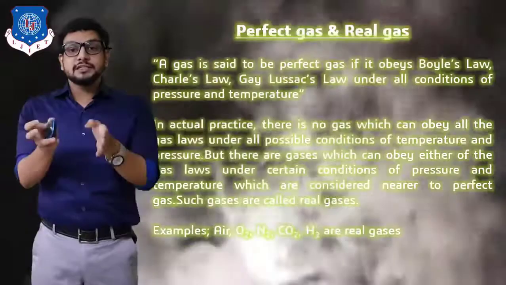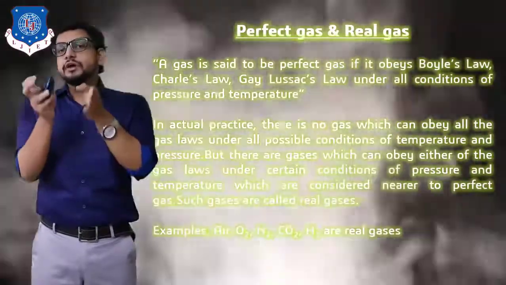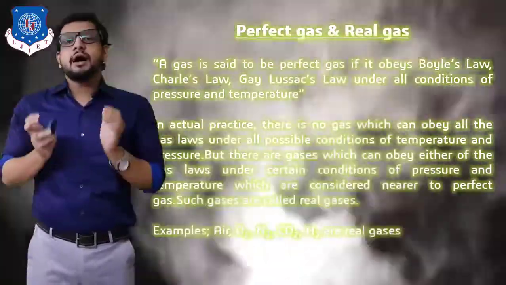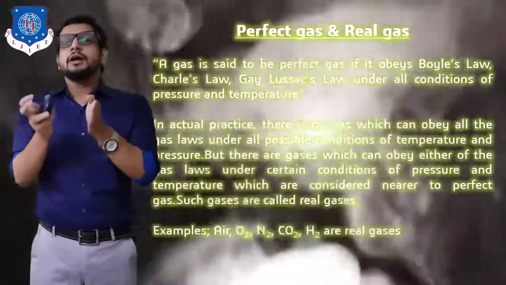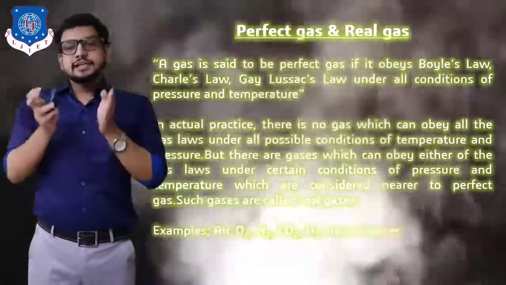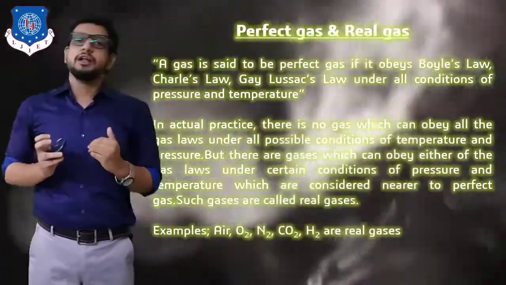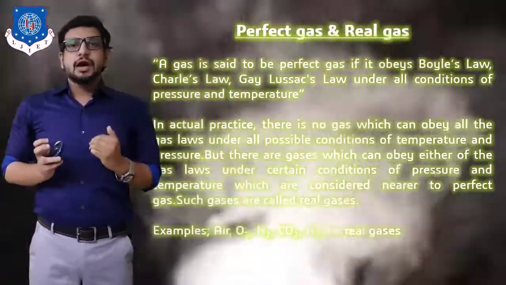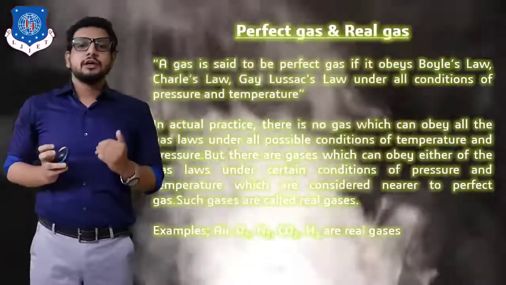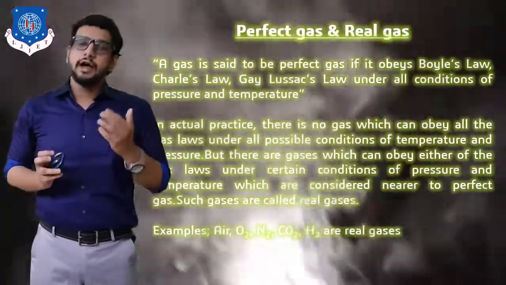So such gases in which either of the gas laws is applicable are considered to be nearer to a perfect gas, and such gases are called real gases. Examples of real gases are air, carbon dioxide, oxygen, nitrogen and hydrogen.